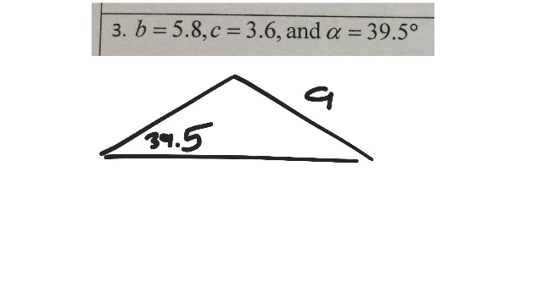So that means the side opposite of that is A. Now, apart from that, it doesn't matter which one is B or C. So I'm going to call this one B, which means it is 5.8. Use a different color. And so across from the 5.8 is my angle beta. And that means the other side is C. So across from it is my angle gamma.